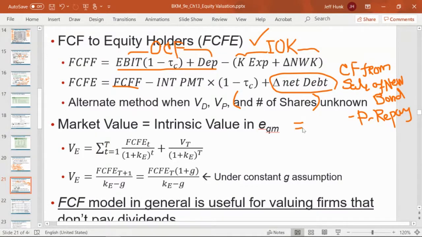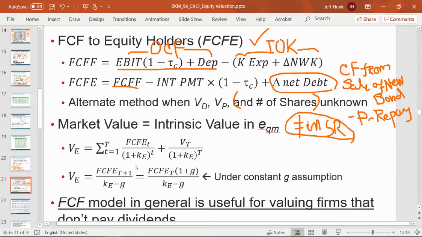But at equilibrium, which means in the long run, we are assuming that the market is correctly pricing in the intrinsic value of the asset. So it's based on that assumption.